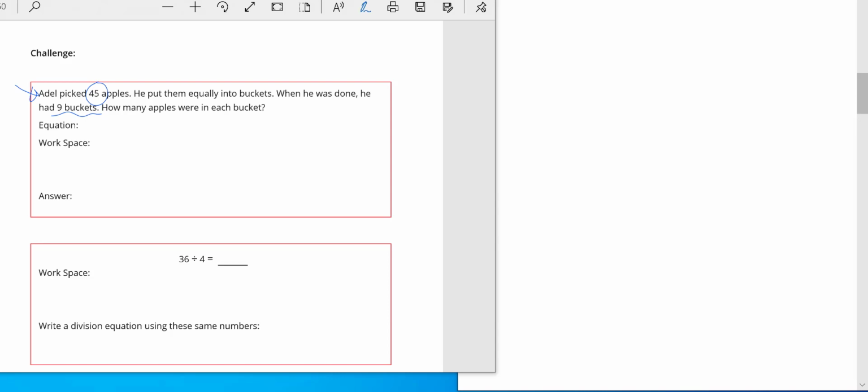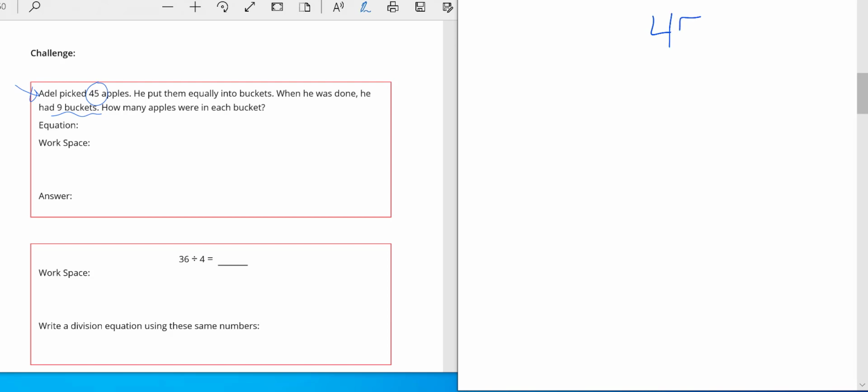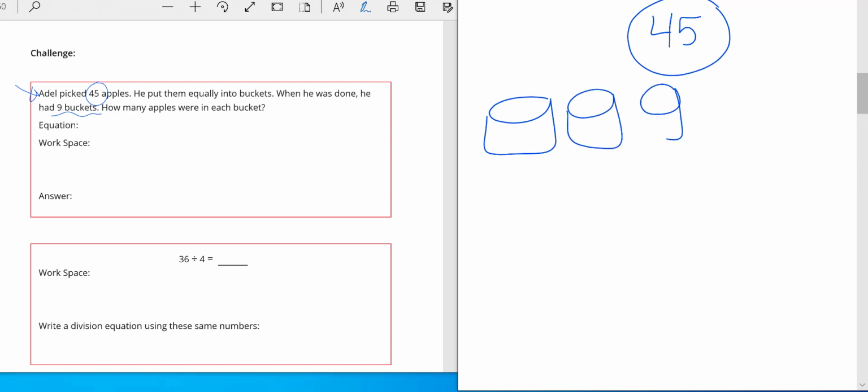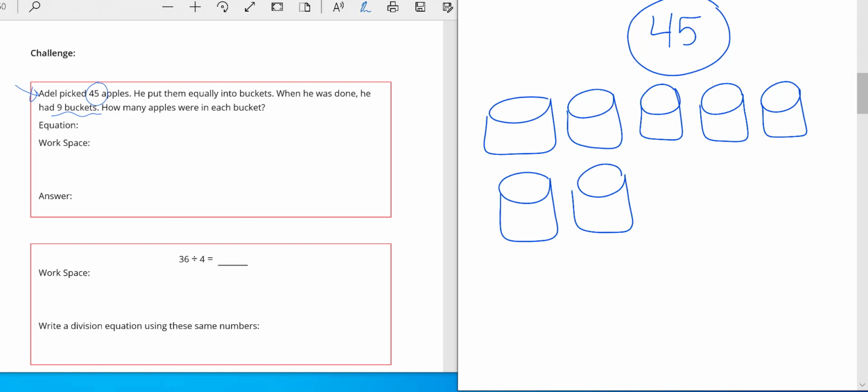Okay, now he knows that he has 45 apples. So the total apples was 45. And he has 9 buckets. So 1, 2, 3, 4, 5, 6, 7, 8, and 9.